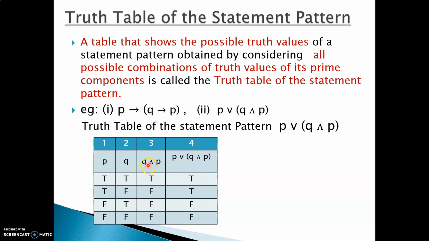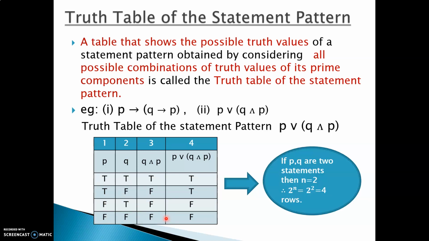It is the combination of column number 1 and 3. So P or (Q and P). True or true is true, true or false is true, false or false is false, false or false is false.